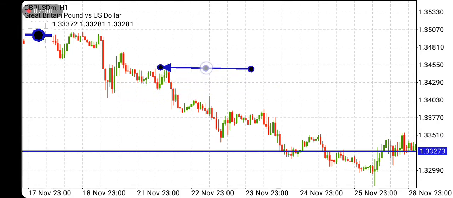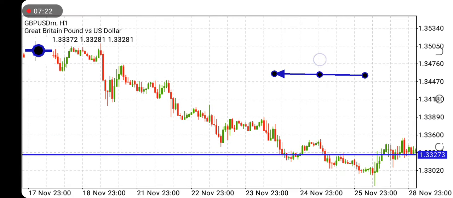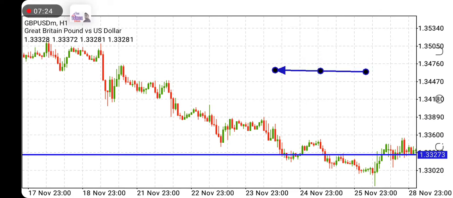So let me go over again. You open your broker and then you see that this is a downtrend. You are able to see your lower highs and then lower low, lower high, lower low. I already explained to you the reason why it is called lower highs and lower lows, because the market is already going to the lower region.